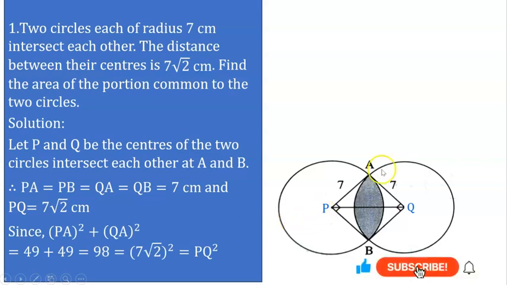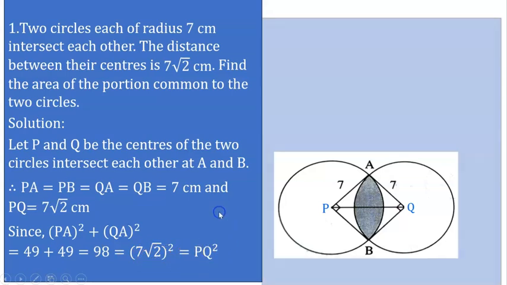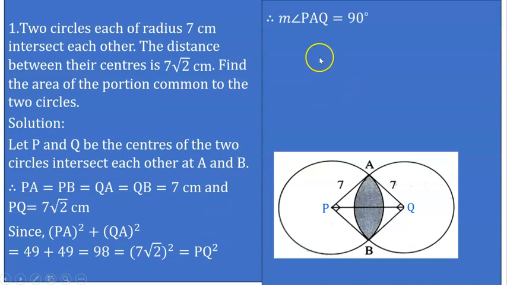Since PA square plus QA square is equals to 7 square plus 7 square, then you will get here 49 plus 49, that's equals to 98, and 98 is the square of 7 root 2, and that is nothing but PQ square. Therefore, measure of angle PAQ is equals to 90 degree.